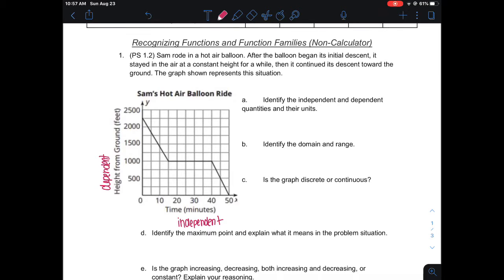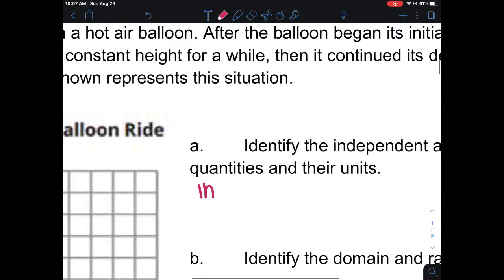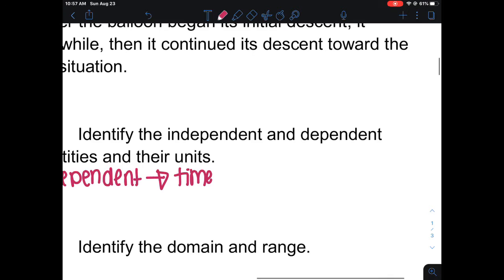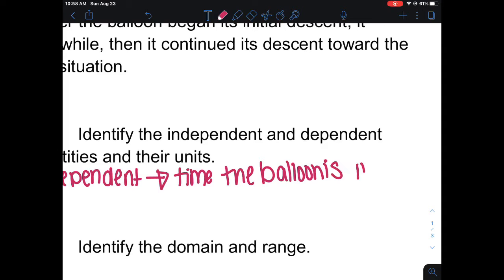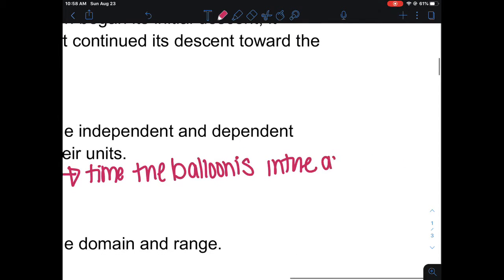If you didn't remember that, you could have thought back, well, which one depends on the other? Or maybe you just have it in your head that time is usually the independent and you worked from there. Either way, hopefully we're able to get that the independent was what? The time the balloon was in the air. And the units, how time is being measured, is in minutes.